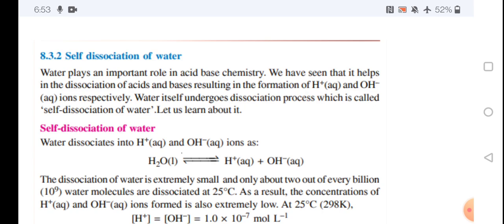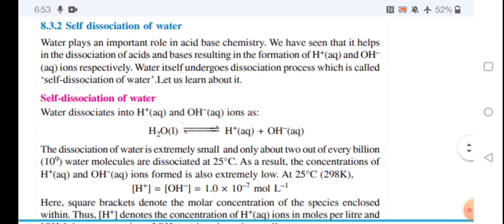That process is called the self dissociation of water. See, H2O, that is liquid, splits into hydrogen, that is a cation, and hydroxyl ion, that is an anion. So water splits into hydrogen and hydroxyl ion.